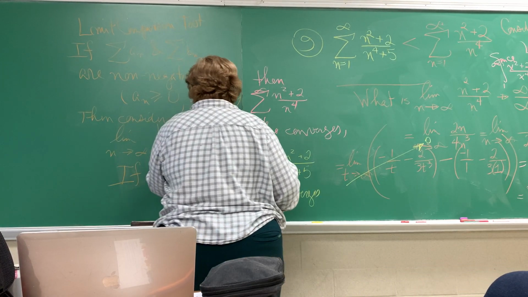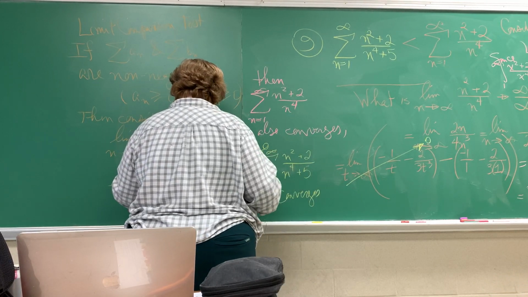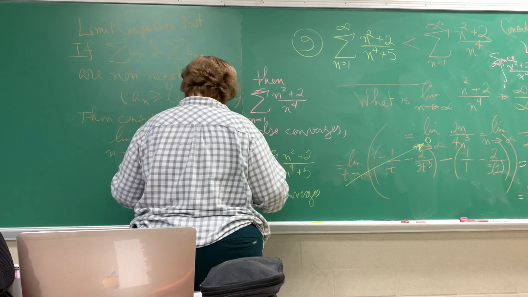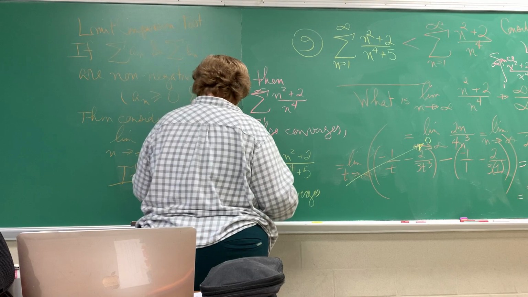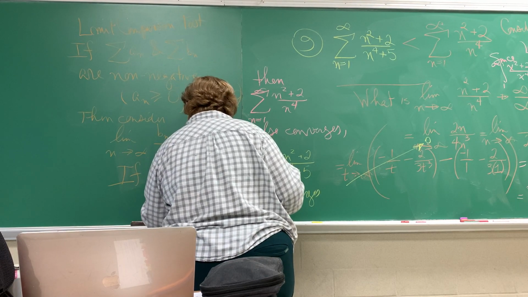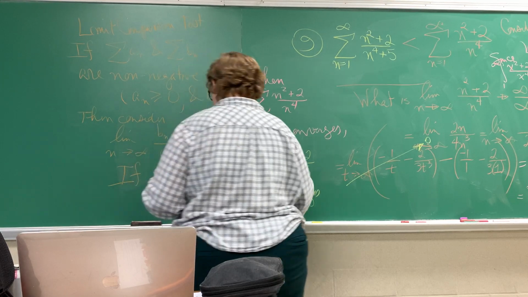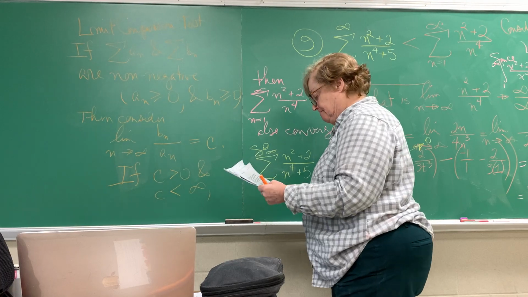Let's just call it a number, let's say that it equals C. If C is positive and less than infinity, then what b sub n does, a sub n will do.